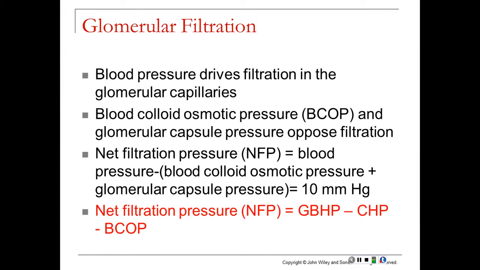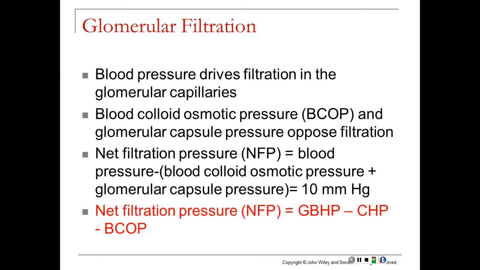You don't really need to know how to plug and chug numbers into this. This is not a diagnostic type of class where I'm going to give you the glomerular blood hydrostatic pressure, GBHP, and then you'll have to calculate the net filtration pressure from that. I'm not going to do that, but it is important for you to understand the entire representation of this equation. So let's talk about it.